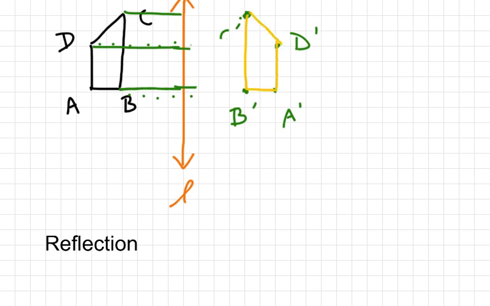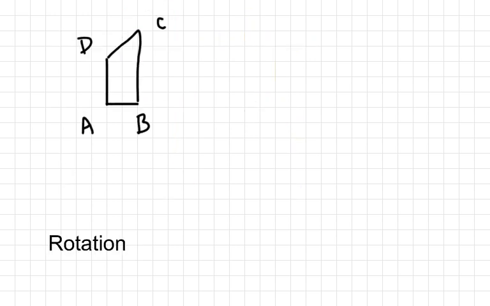And now I've got A prime, B prime, C prime, D prime. One thing that's very important that I want you to notice when you do a reflection is we've got a mirror image. A and D used to be on the left side of my figure. Now A prime and D prime are on the right hand side of my figure. I've created a mirror image when I reflected it across the line.